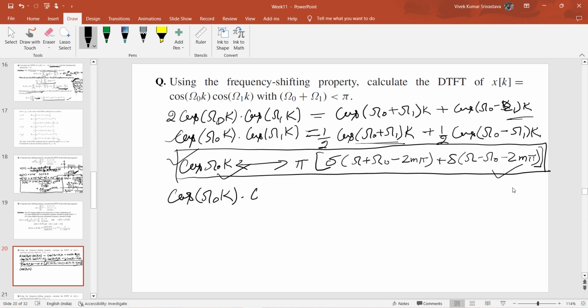For cos rho naught k into cos rho 1 k, we can write this as pi by 2, taking it common.